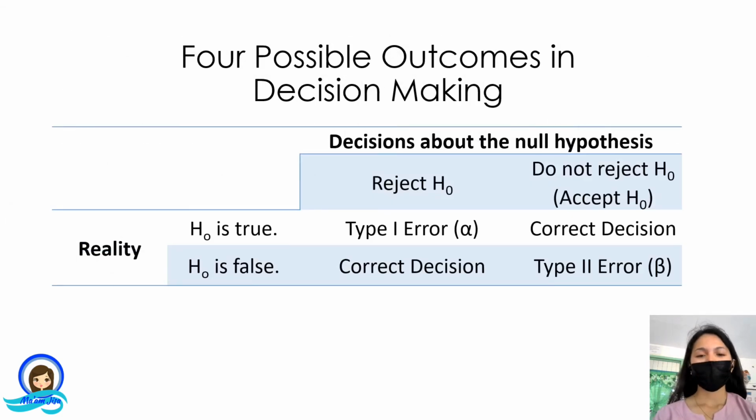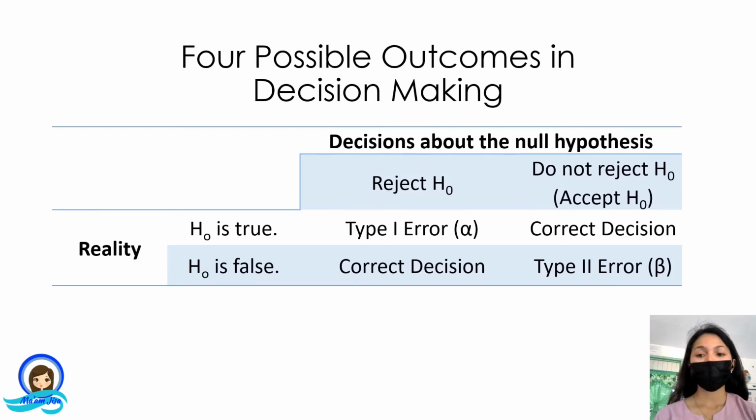So we have again the four possible outcomes in decision making, and these decisions are based on the null hypothesis. We have to take note whether the null hypothesis is true or false, because when we reject a true null hypothesis, we commit a type 1 error.